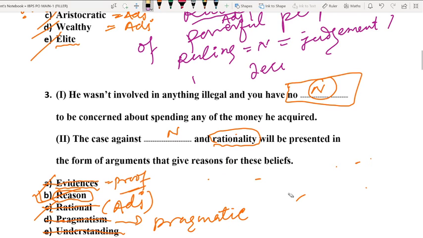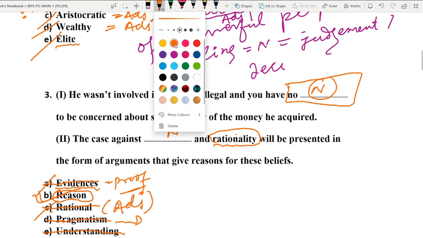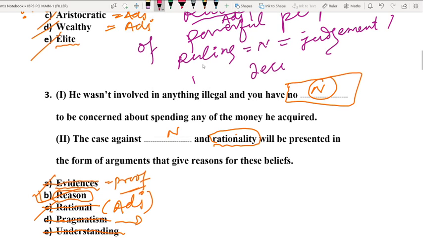Whenever I say someone has no reason to be concerned about something, I mean to say that someone need not worry about something. I mean someone has no right or should not worry about something.